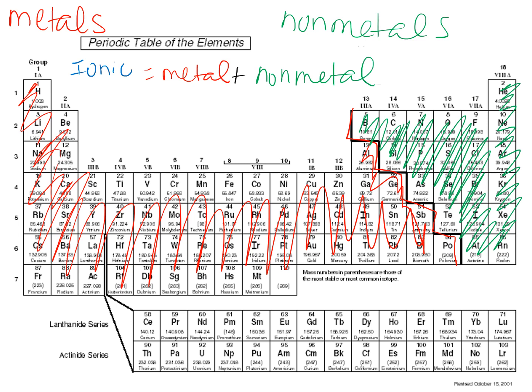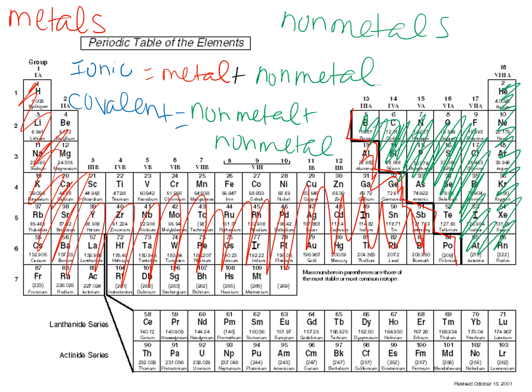Now in covalent compounds, we have two nonmetals. So a nonmetal plus another nonmetal. So we would have two from this side. When you have an ionic, you have one from your left and one from your right.